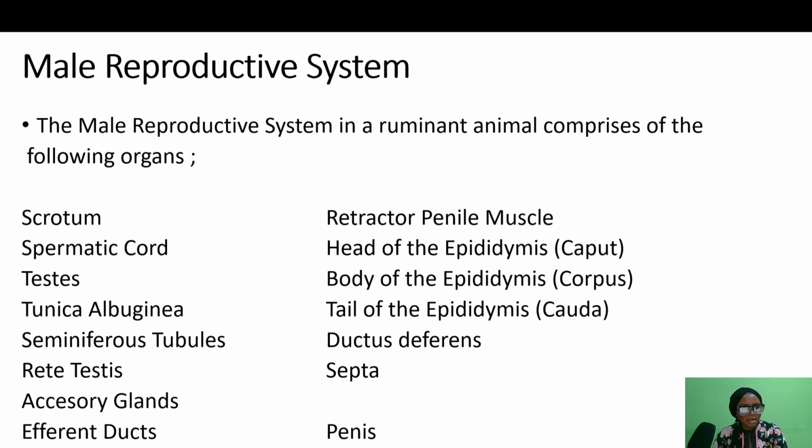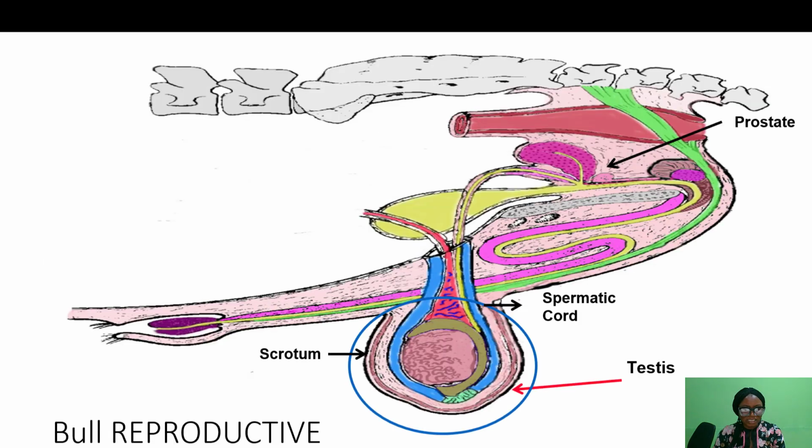Now, the male reproductive system consists of many organs, out of which we have the scrotum, the spermatic cord, testes, tunica albuginea, the seminiferous tubule, the rete testis, the accessory glands, the efferent duct, retractor penile muscle, the head of the epididymis, the body and the tail. Then we have the ductus deferens, the septa and the penis.